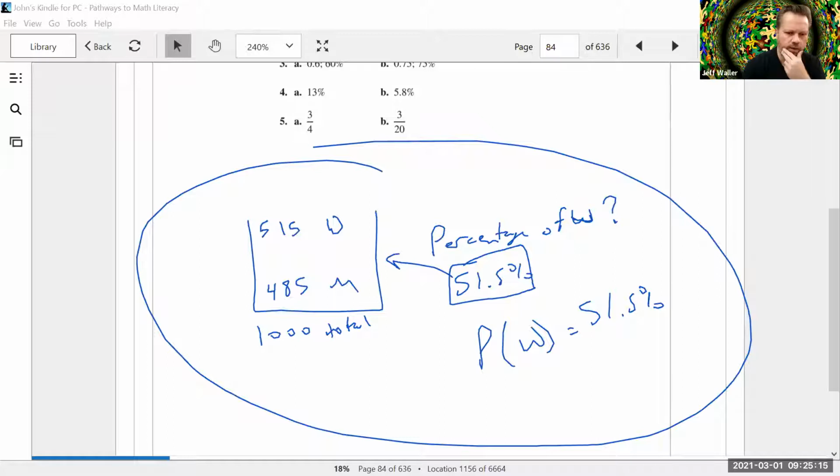The basic idea of probability is the percentage that matches what you're looking for out of the total things. Can it get more complicated than that idea? Yes, but it actually always comes back to that idea.